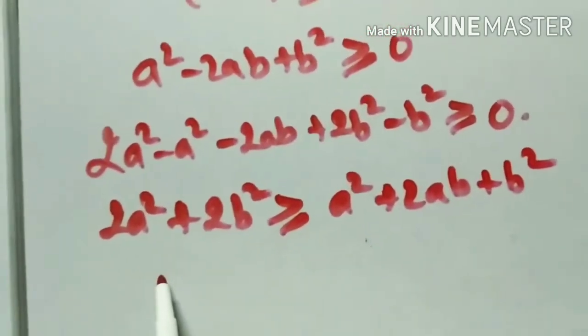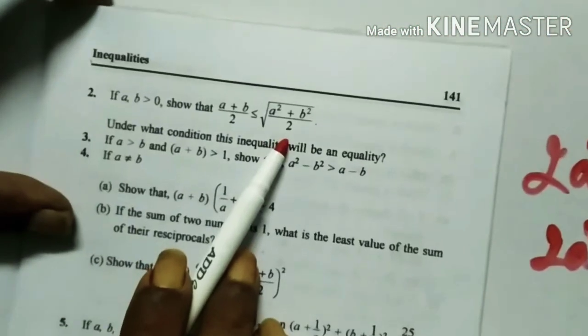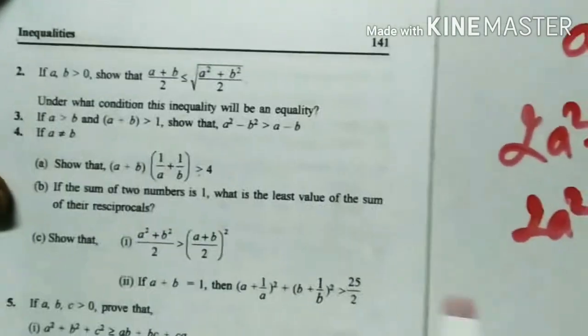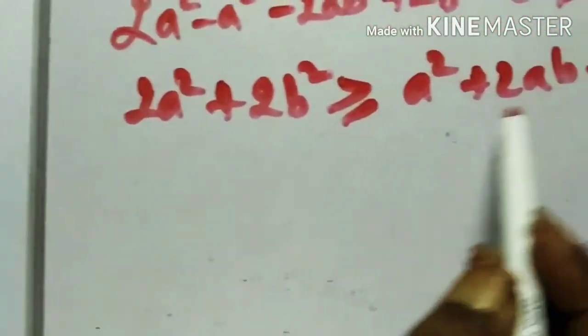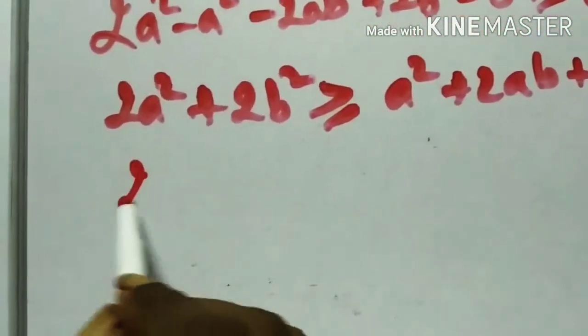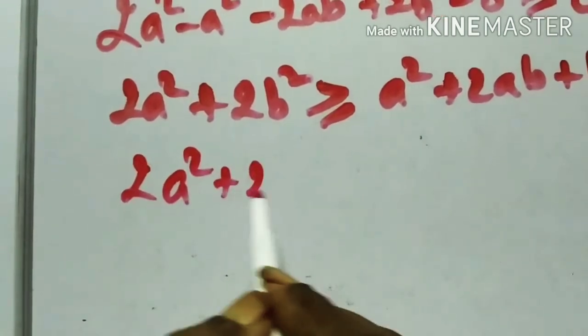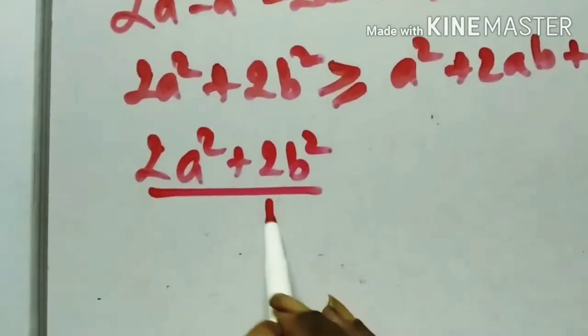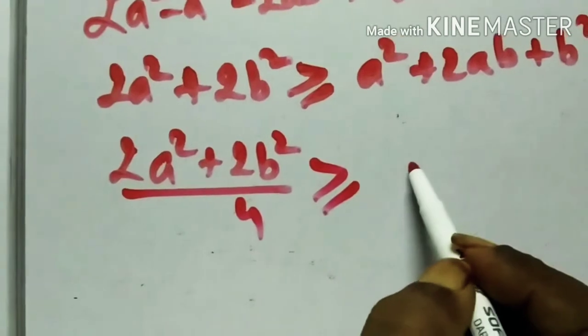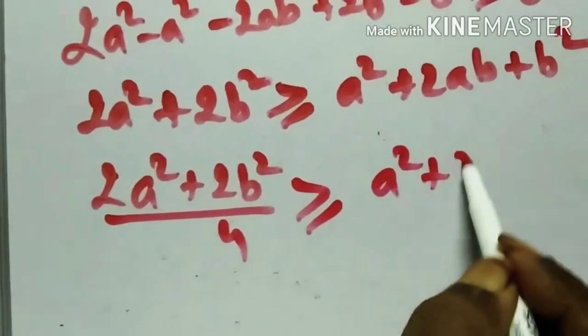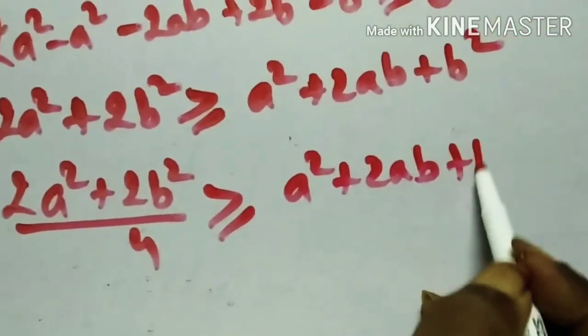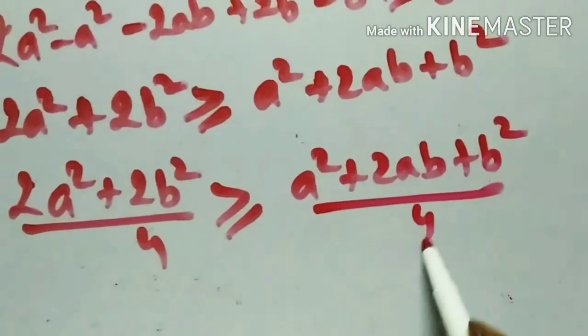Now see, in the question it is divided by 2. So for this I am going to divide both sides by 4. (2a square plus 2b square) by 4 is greater than or equal to (a square plus 2ab plus b square) by 4.